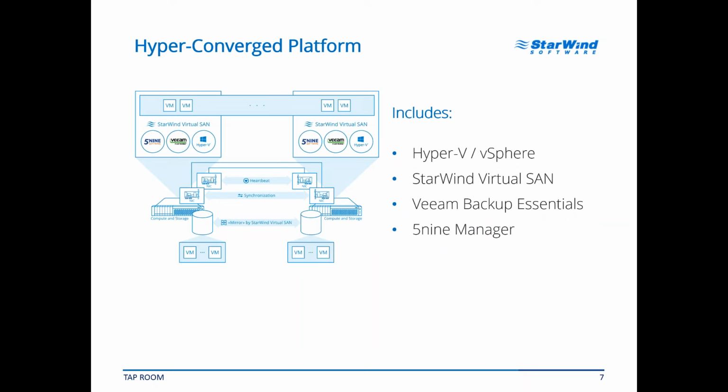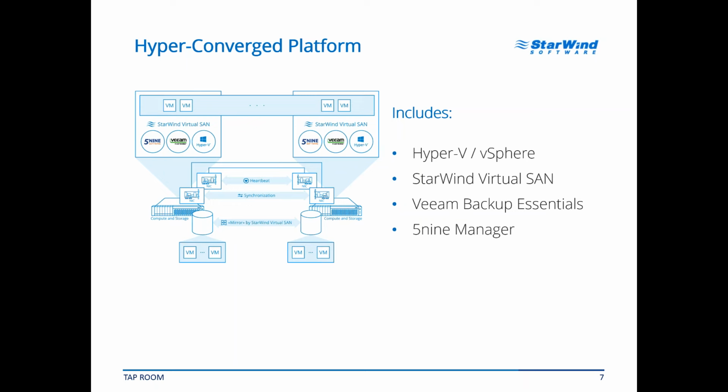Now, there are 2 options with StarWind HyperConverged platform. One is Hyper-V based, and the second one is vSphere based. The only difference between these 2 would be the software used inside. Both of these platforms rely on StarWind Virtual SAN to do the storage fault tolerance, as well as multi-layer caching and all the storage tricks we do behind the scenes to make sure your storage is robust and reliable.